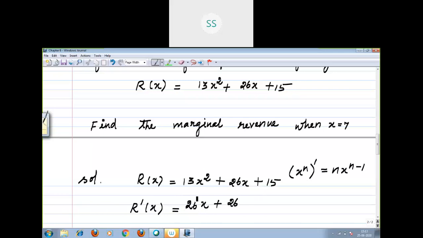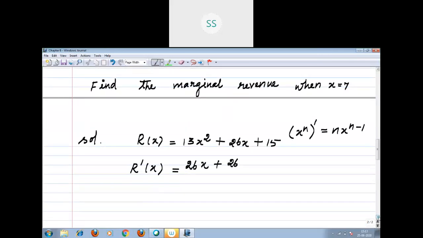Next, you are going to change the x value, because x is given as x is equal to 7. That you are going to substitute in the place of x.